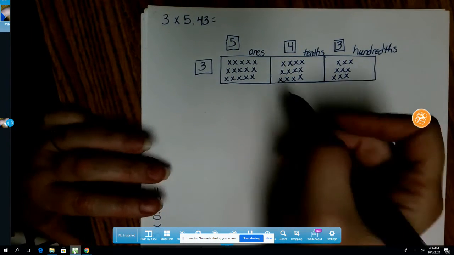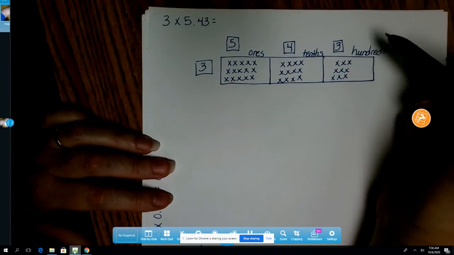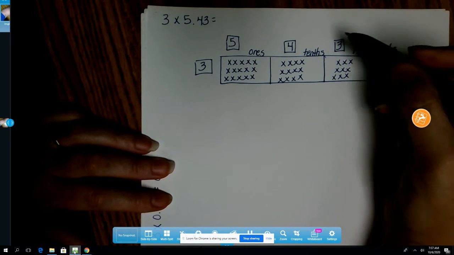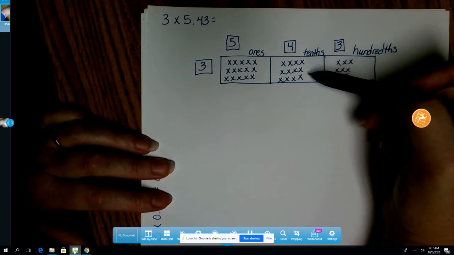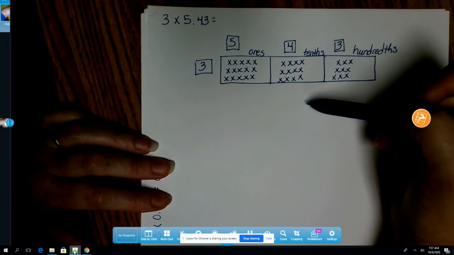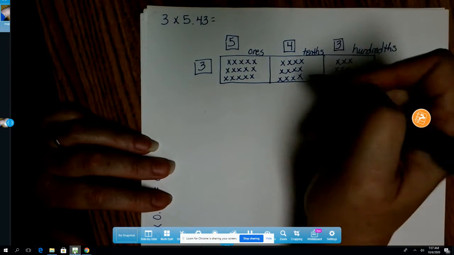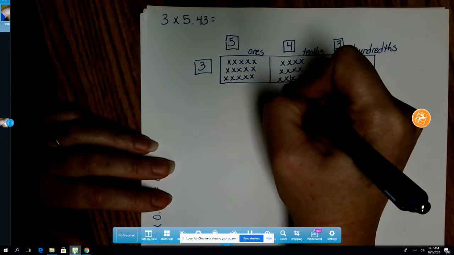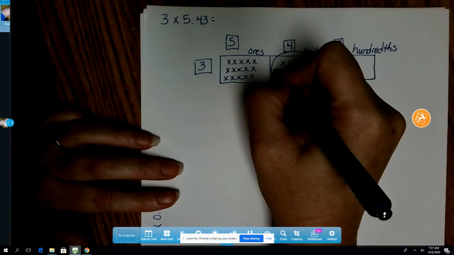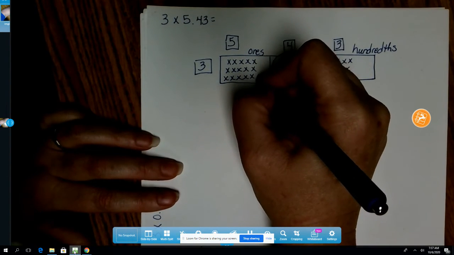Okay. So we've talked about before that we cannot have 12. We can't have a number with 2 digits in one place value. So we combine a group of 10 of these, and that's going to be moving over here.